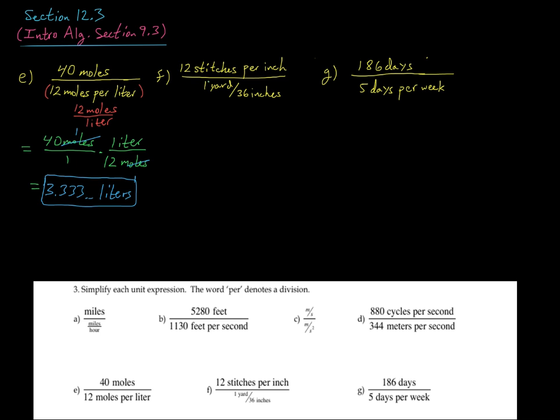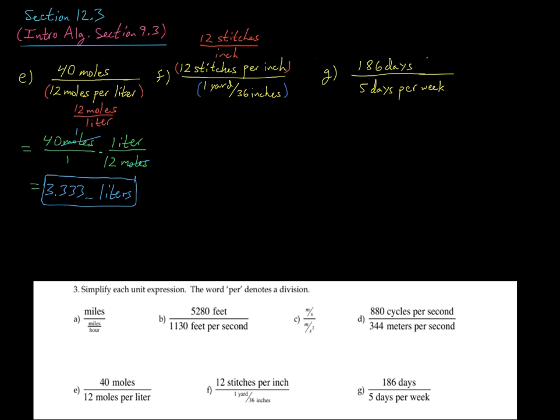All right. For F, we have 12 stitches per inch, so that's going to be treated as 12 stitches per, so divided by, inch. And then I have 1 yard per 36 inches down in the denominator.